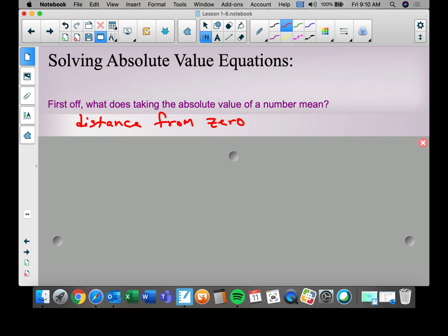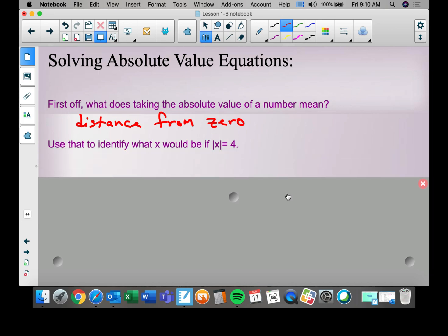And if you're 7 units away, that's the absolute value of that number, even though you're on the negative side. You're still a positive distance from 0. If you think about driving a car, for example, if you're going in reverse, it doesn't mean that you're going a negative distance, it just means you're going in a different direction. So even that distance would be positive. So that's the idea: absolute value is the distance from 0.